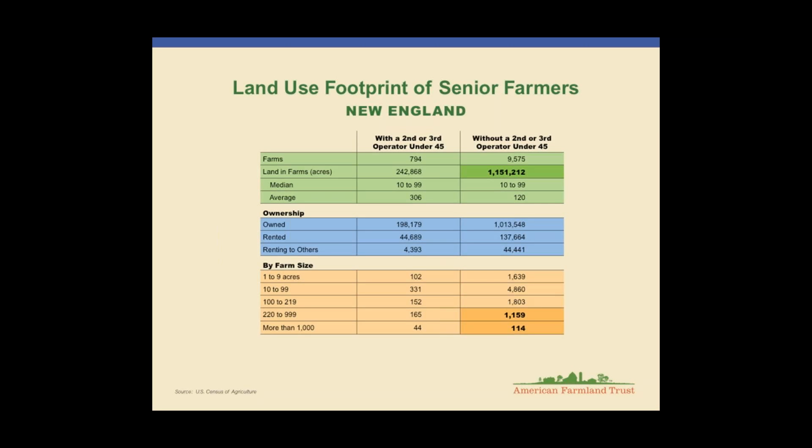And again, if you look at the pyramid, the majority of these farmers, in fact more than in New York, are managing less than 99 acres. That holds true in terms of the typical farm sizes, smaller in New England than New York. But again, you do have a small number, but not insignificant number, that are managing farms from 220 acres up.